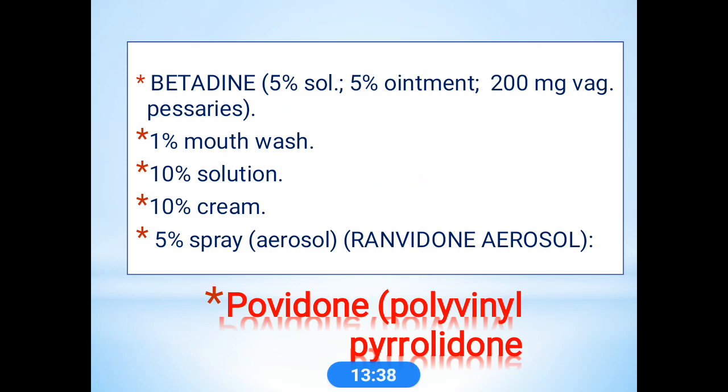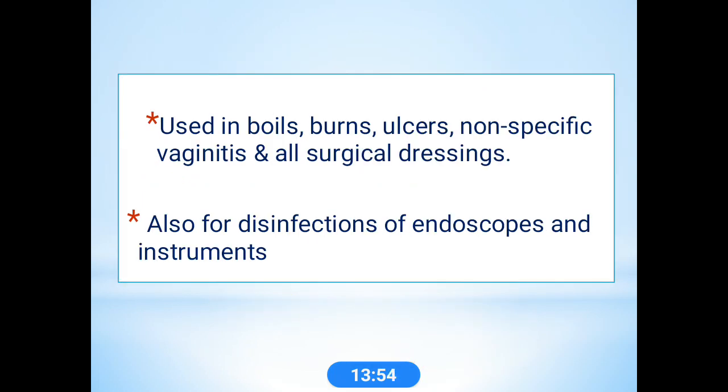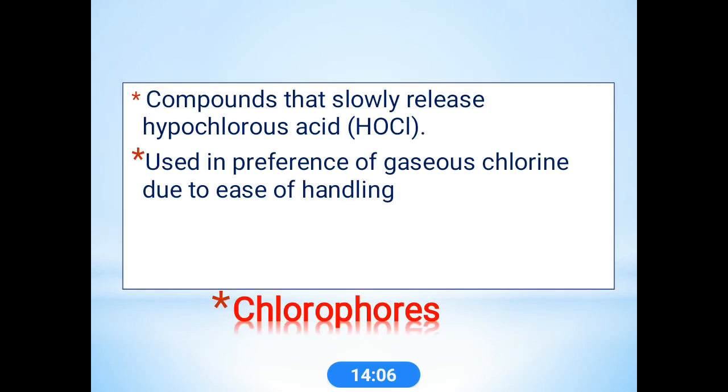It is a good antiseptic, available in different forms: 5% solutions, ointments, mouthwash, creams and sprays. Povidone iodine aerosol is the most commonly used brand. It is mainly used in boils, burns, ulcers, non-specific vaginitis and all surgical dressings. It is also a good disinfectant for endoscopes and instruments.